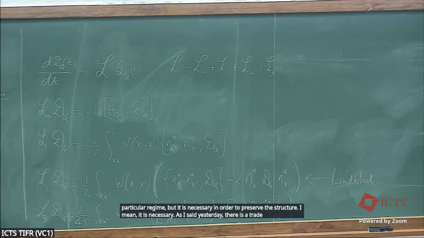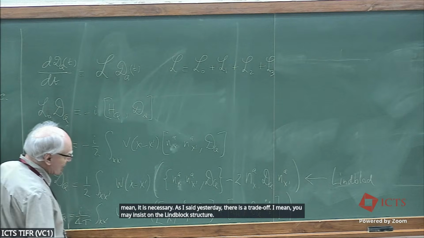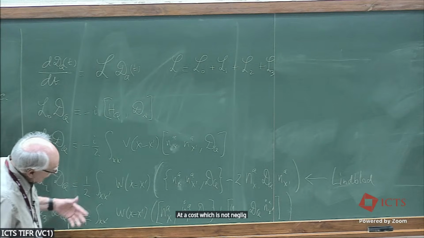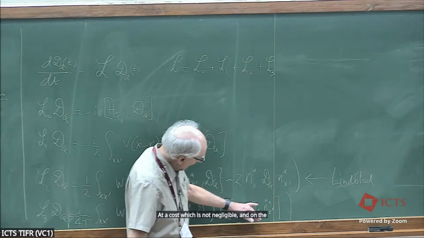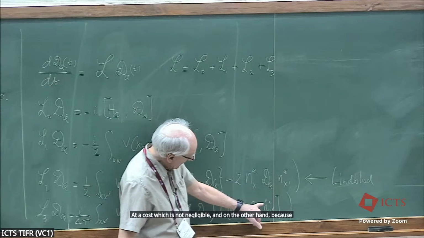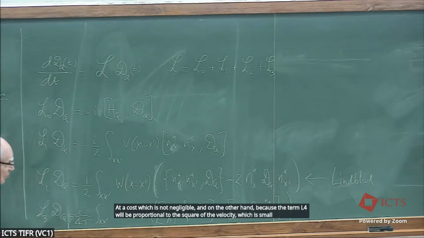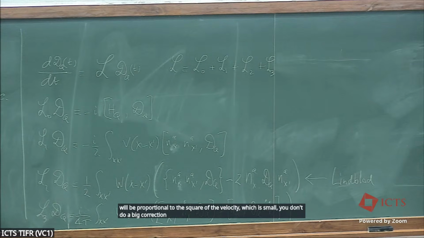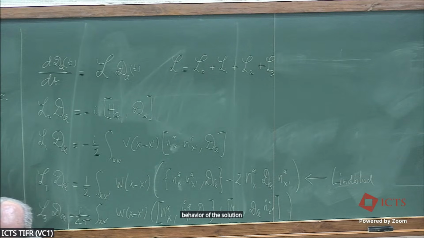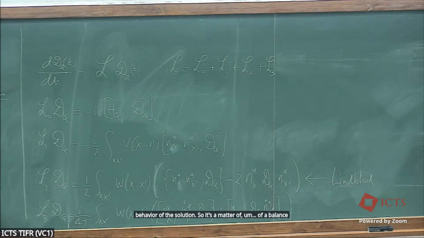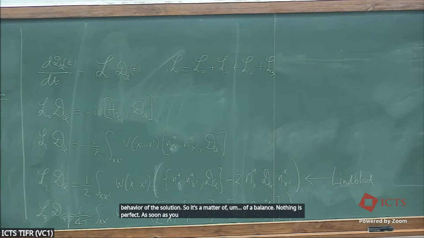You may insist on the Lindblad structure at a cost which is not negligible. On the other hand, because L4 is proportional to the square of the velocity, which is small, you don't make a big correction and you lose the asymptotic behavior of the solution. So it's a matter of balance. Nothing is perfect as soon as you make approximations.